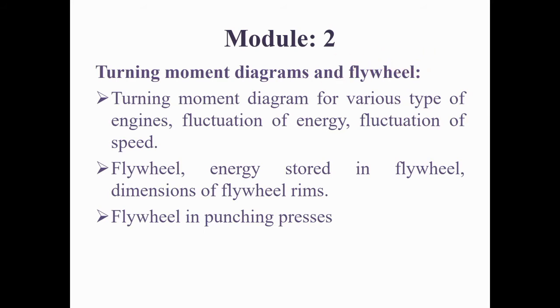We are going to study turning moment diagrams for various types of engines: single cylinder 2-stroke engine, single cylinder 4-stroke engine, multi-cylinder 4-stroke engine, then single acting steam engine, double acting steam engine, etc. Then by drawing turning moment diagrams, we can find out fluctuation of energy and fluctuation of speed. Then we can design flywheels used in IC engines and design flywheels for punch presses.